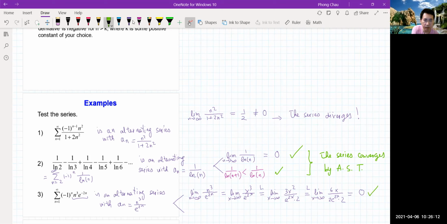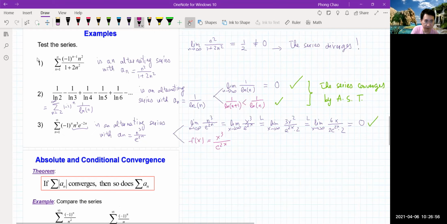Now condition 2 is not easy to check either, because I'm going to check a sub n is less than a sub n plus 1. This is a case where I will not compare it side by side, because it's hard to do when n's on top and bottom. So instead, to check that, I'm going to consider the function again, x cubed over e to the 2x.